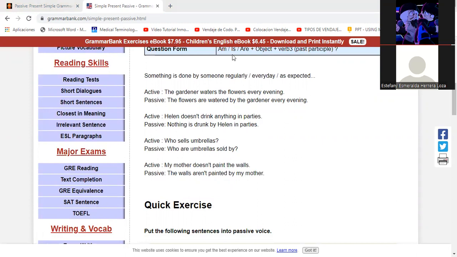So, let's see, Andrew, can you read the example, please? The second one here where I'm pointing at. Where it says Helen, read the active and the passive, both. Andrew, are you there?